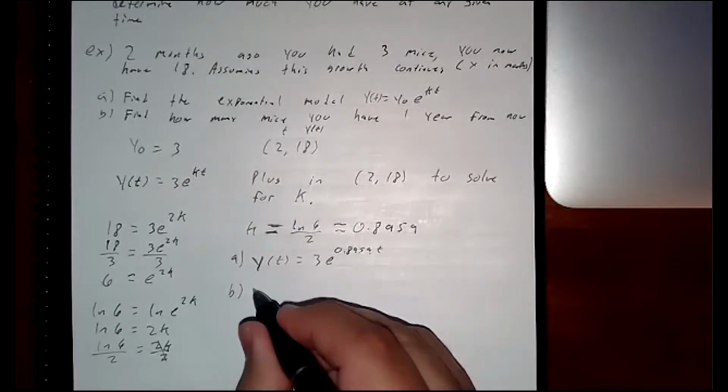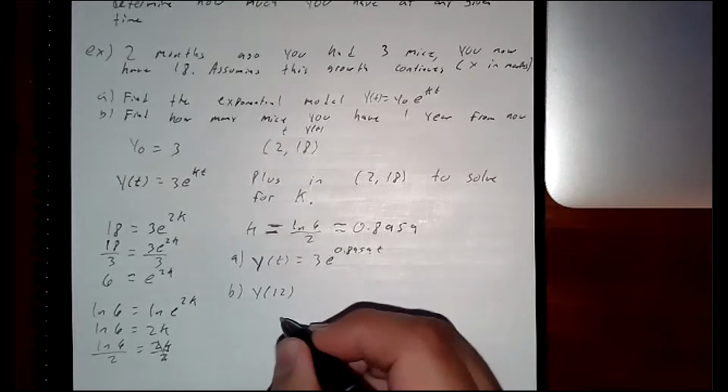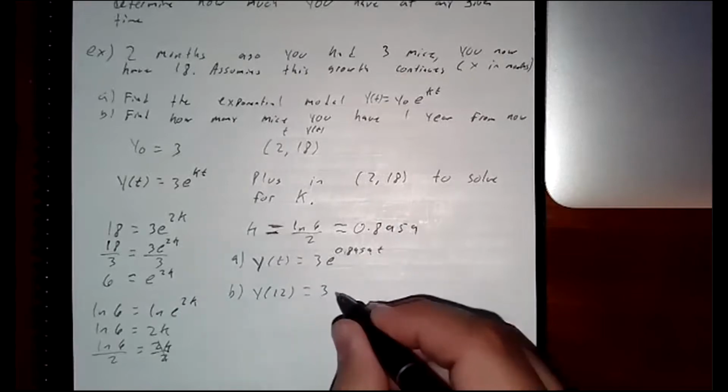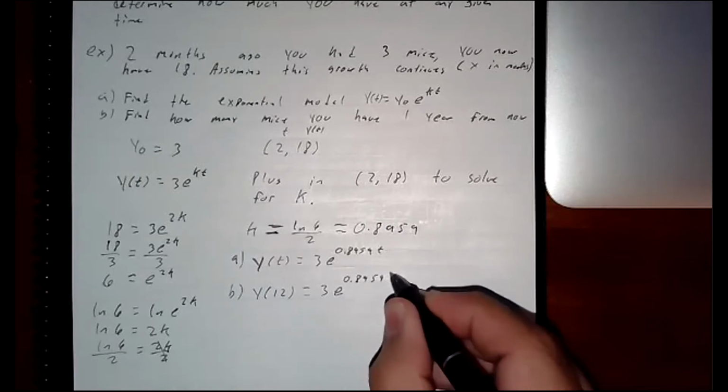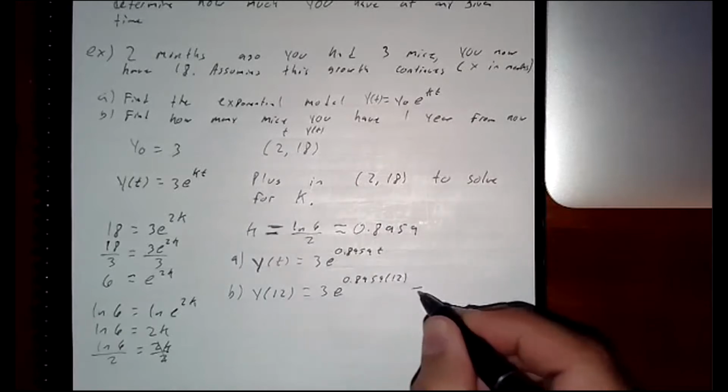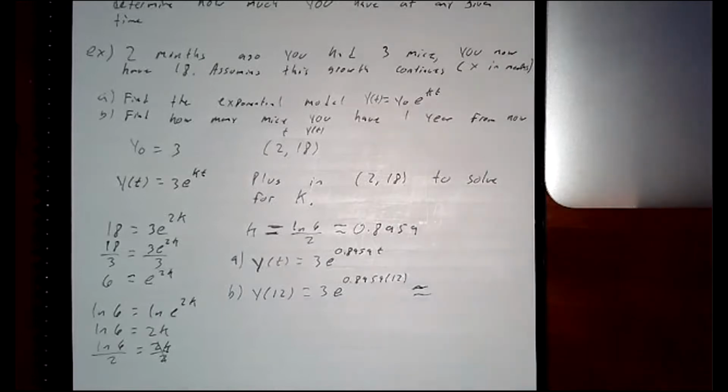So a year later would be plugging in 12, because that's 12 months, right? So 3e to the 0.8959 times 12 is approximately something. So go back to your calculator, plug it in.